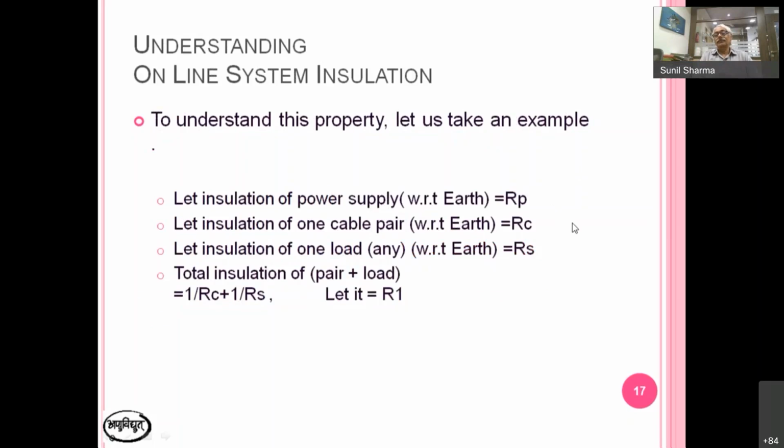Let us assume the power supply insulation is RP, the cable pair insulation is RC, and one load insulation is RS. Now I want to find the insulation when we connect the pair and load together. Their insulation is 1 upon RC plus 1 upon RS. Let it be R1.